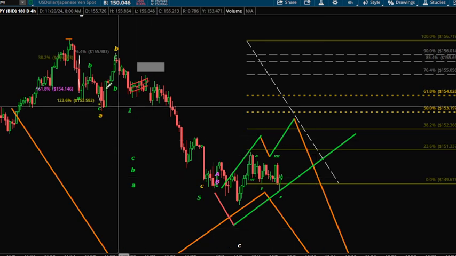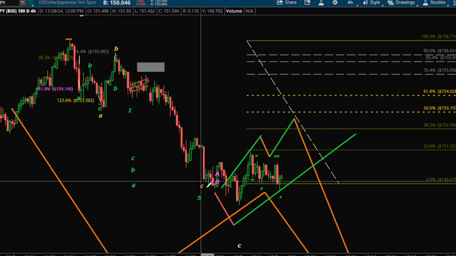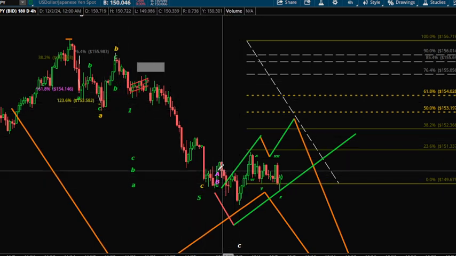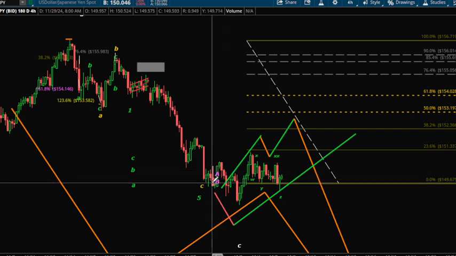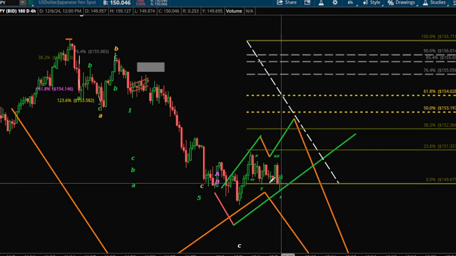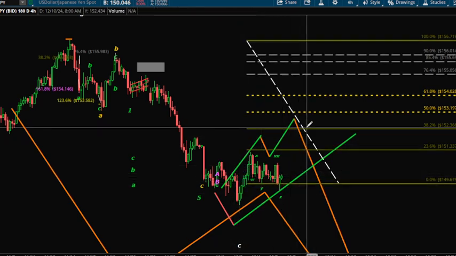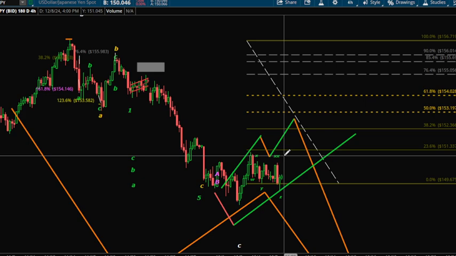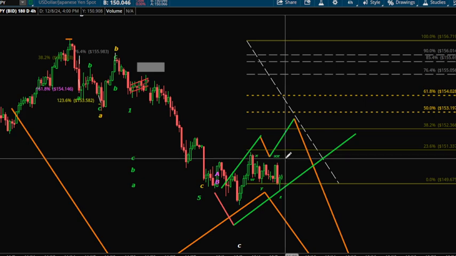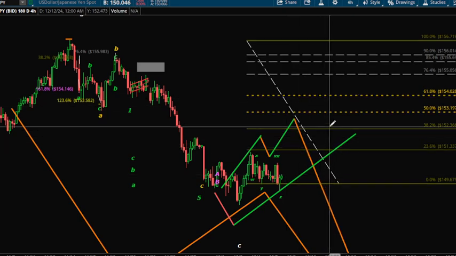Like I said, I've already counted a couple of degrees, maybe 3 degrees on the way down here. So I know there's 1 degree here, 2 degrees. I think it's just 2 degrees. So I think I need this to go up 1 more leg for a 3rd degree. So that's why I'm anticipating these targets up here.